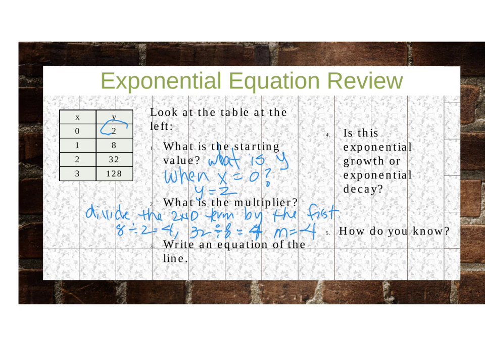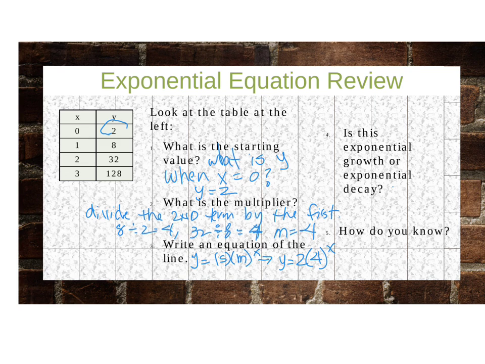So our equation is, again, y equals the starting value, or a, times the multiplier, b, to the power of x. Since our starting value is 2, it's y equals 2 times 4 to the power of x. Is it exponential growth or decay?